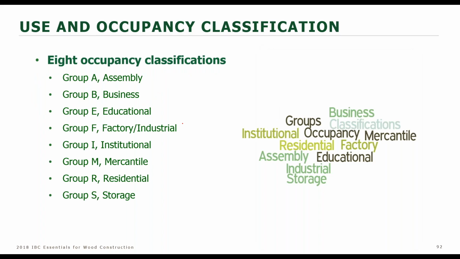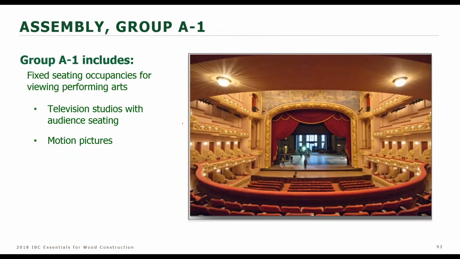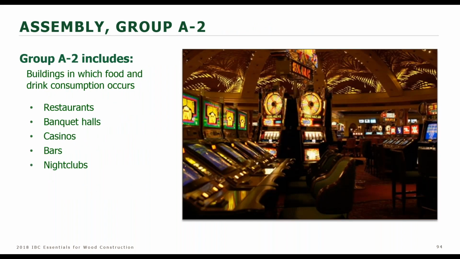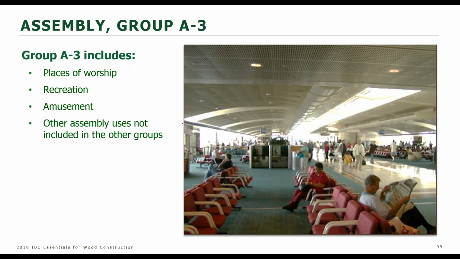These are the ones covered in the code conforming wood design. And these have gone through some changes and nuances. So you have to go back to chapter 3 often to check the actual descriptions. But A1 are the big assembly ones, studios, motion picture theaters. A2 is a catch-all for all restaurants, bars. Now casinos are included, nightclubs, anything that serves food and drink.